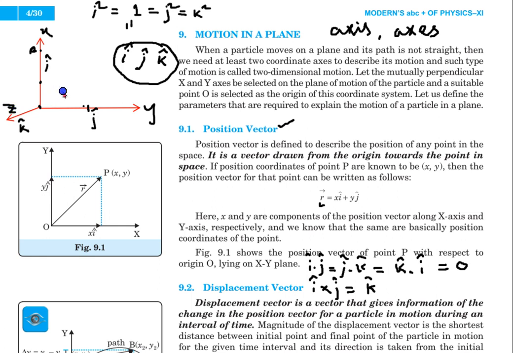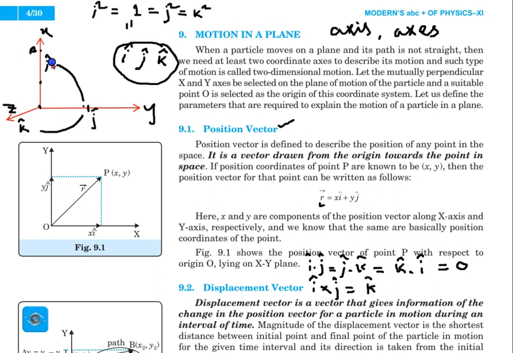So i cross j means if I move from i to j, I reach k. That means i to k through j. That is cross product. As I've already said, cross product is a rotation.